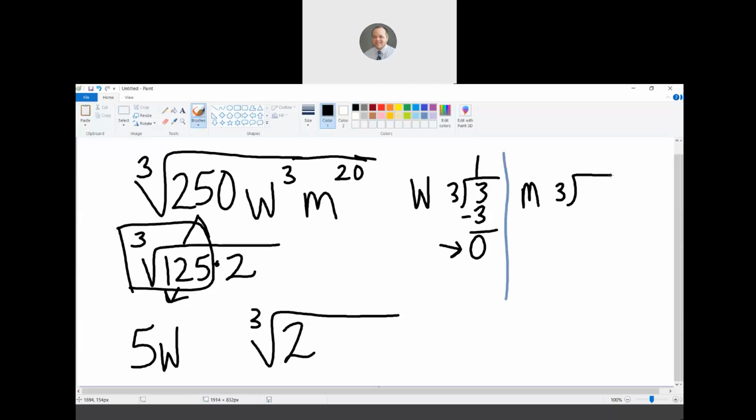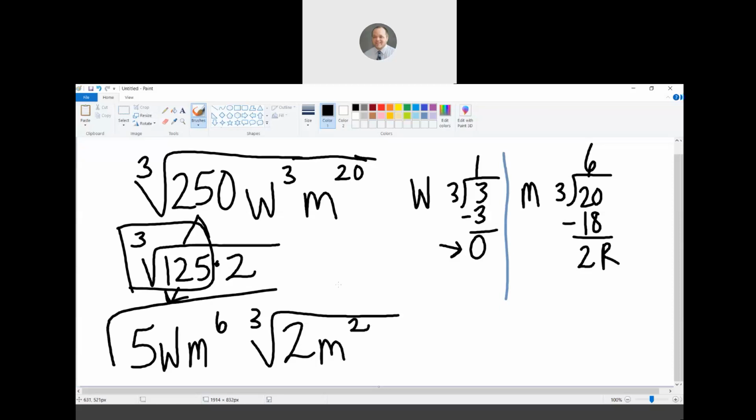We'll divide 3 into 20. That will go 6 times with a remainder of 2. The top number is the exponent that goes outside the radical, namely m to the 6th power. And the remainder tells you the exponent that remains inside the radical, meaning m squared. That's it.